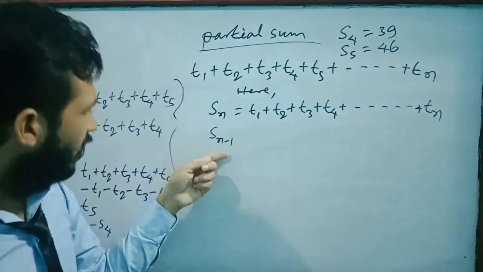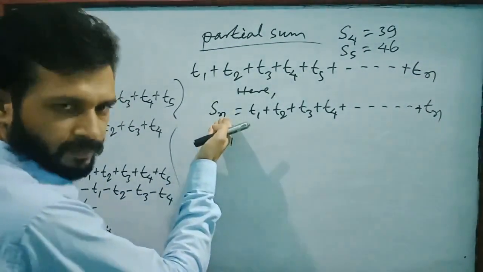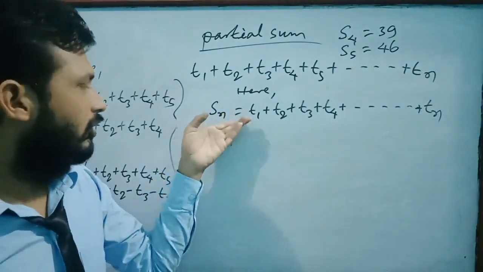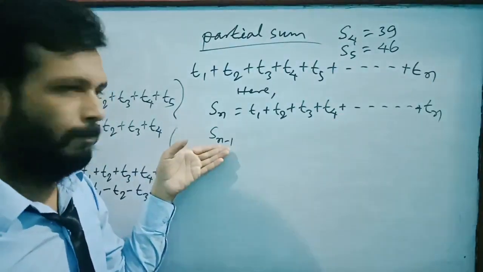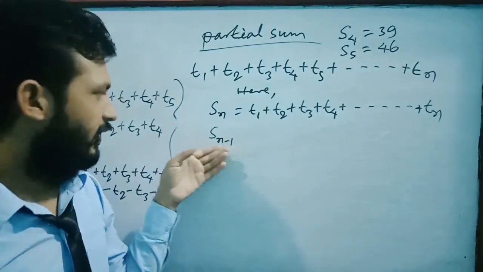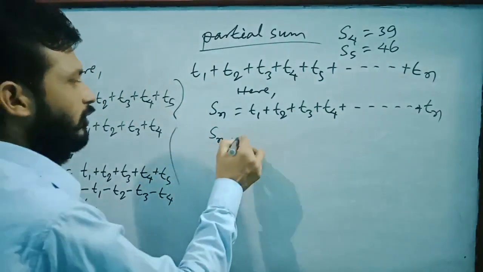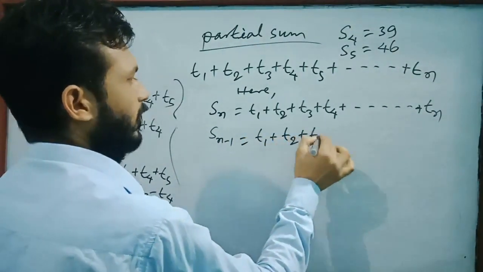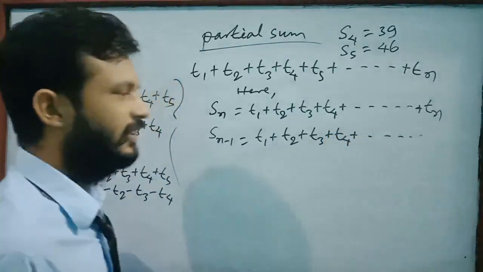But Sn minus 1, suppose S8 means the sum of 8 terms. Then the sum of 8 minus 1, understood? That means the sum of 7 terms only. So we can write here T1 plus T2 plus T3 plus T4 plus what?